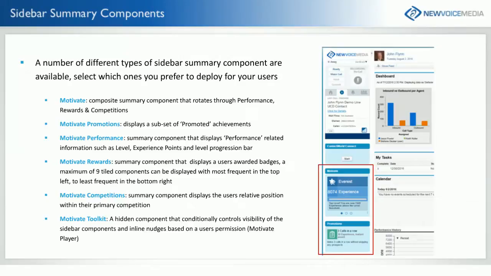Are there a couple of different promoted achievements? Because we will show you how you have the ability to actually promote certain behaviors right within the object of Salesforce that it involves. So if it's something to do with leads, when they're in the lead screen, it'll prompt them with a digital motivator to say, hey, do these three things and you'll achieve what we're trying to get done.